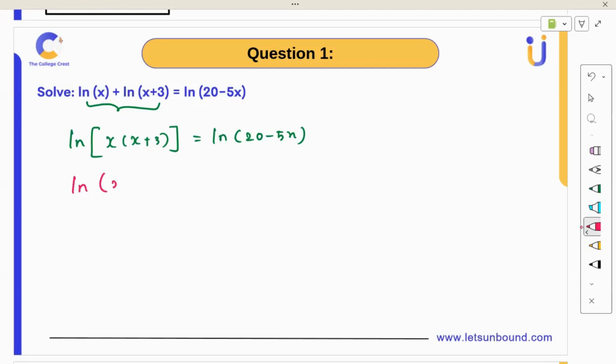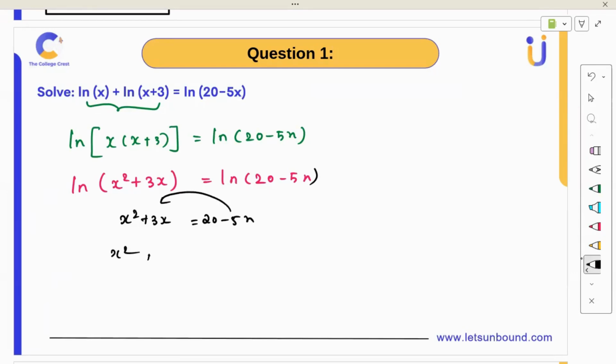So ln x square plus 3x equal to ln 20 minus 5x. We know this, right? If ln a equal to ln b, then a equal to b. So we can do that. X square plus 3x equal to 20 minus 5x, and you will get a quadratic. So x square plus 5x will shift there, and it's 8x, 20 will shift there, minus 20 equal to 0.